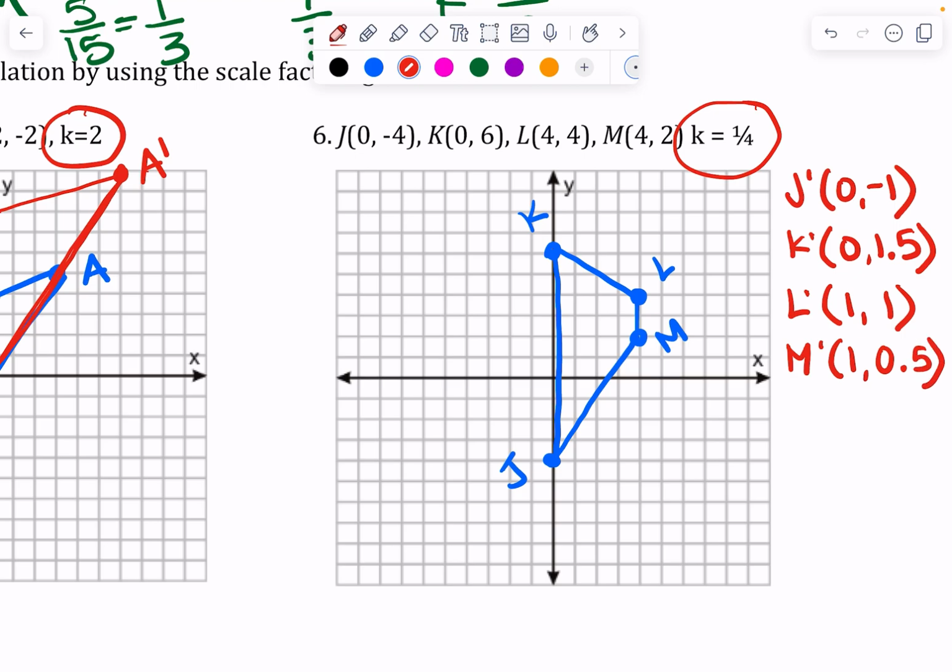So I'm going to regraph that: (0, -1), call it J prime. 1.5, I'm just going to put between 1 and 2. Let's see, (1, 1) is L, and M, kind of squeeze that in there. So you got this little tiny trapezoid that's inside there. It's the same shape, just different sizes. So it's 1/4 of the size of the original shape.